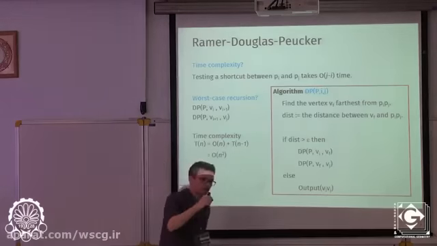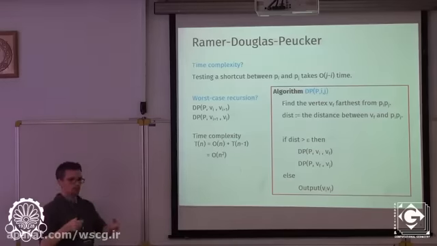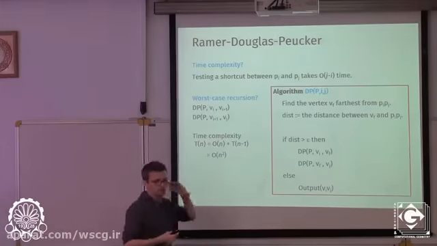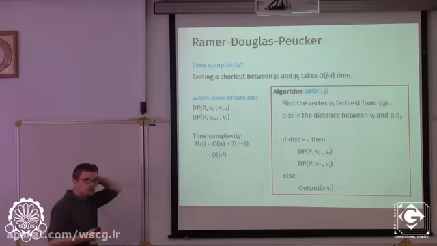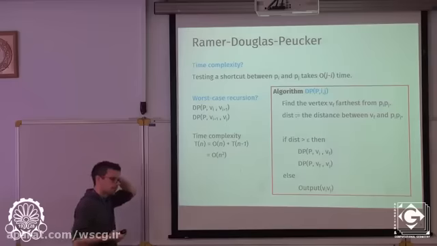I understand the question. If you could relate epsilon to some quantity of the trajectory and integrate that with the running time somehow, but that is not done. I can imagine that for epsilon equal to 0, we will get this running time. When we really want to simplify a trajectory to itself, this is the worst case running time.